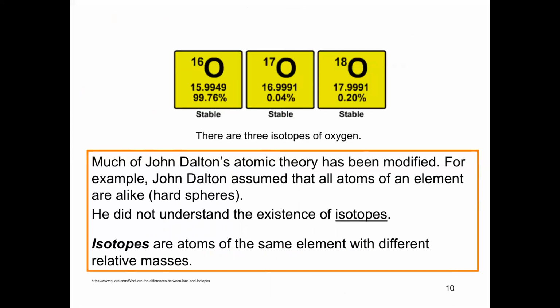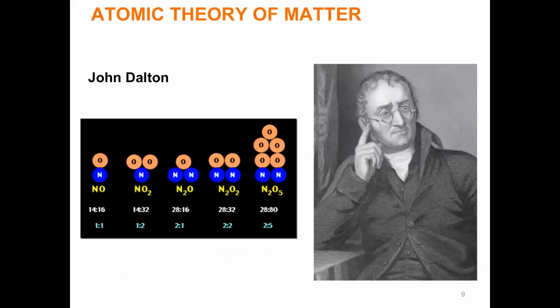It wasn't quite right, but he was saying that atoms are made up of these hard spheres. The reason he said this is that he could see that these different types of atoms would be combining in certain proportions to give different compounds. You would never get something that wasn't a whole number, right?